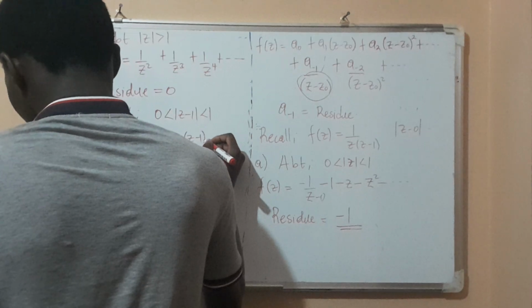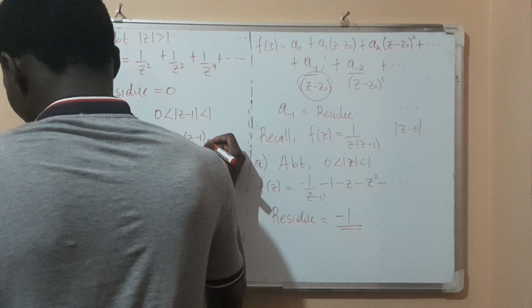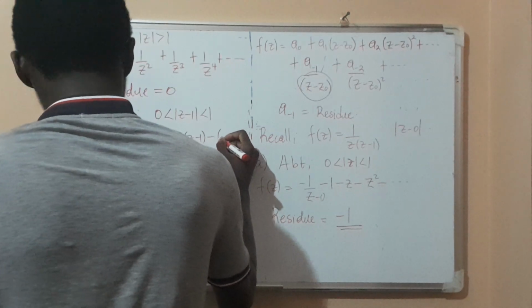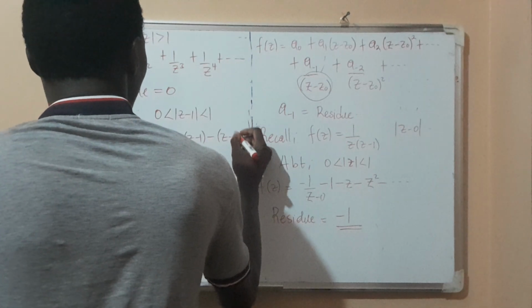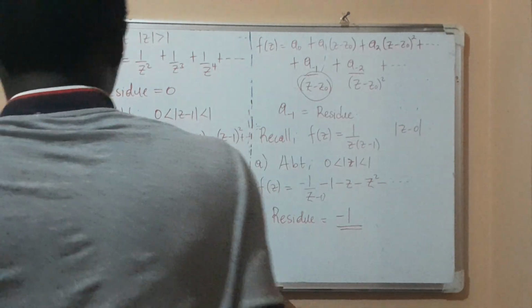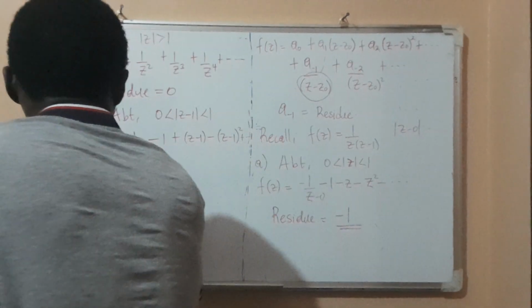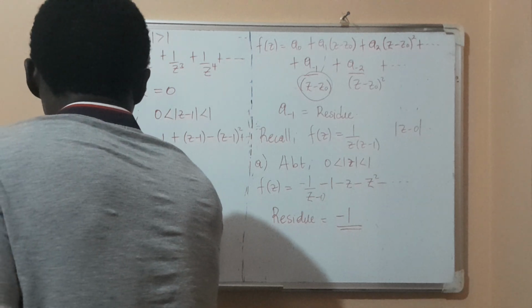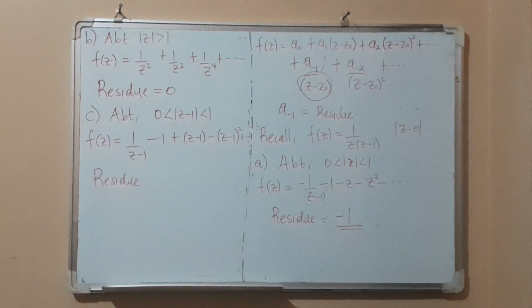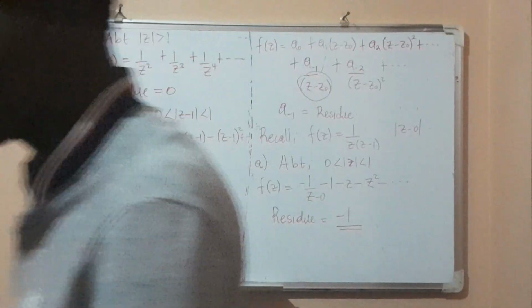plus z minus 1 minus z minus 1 squared plus. So we want the residue. This series representation was obtained about z equals 1.